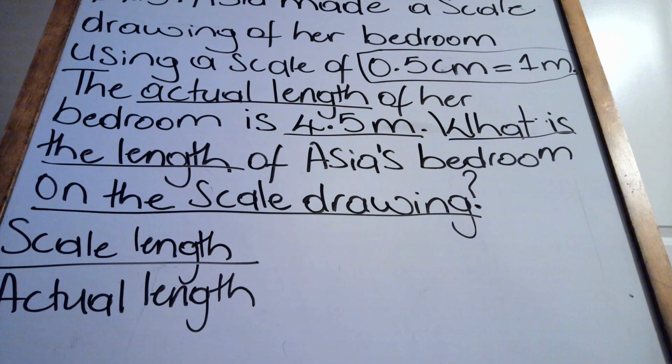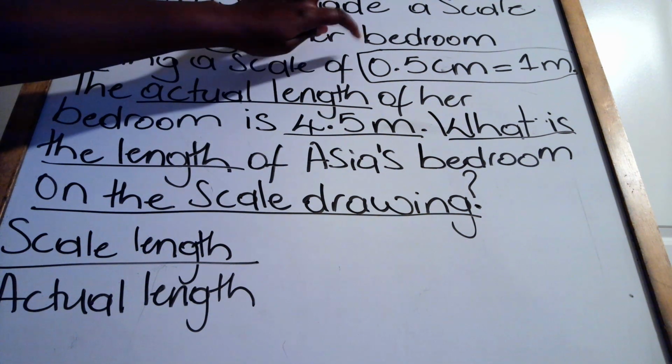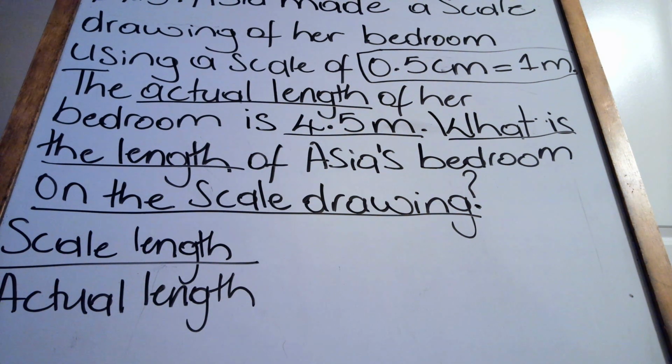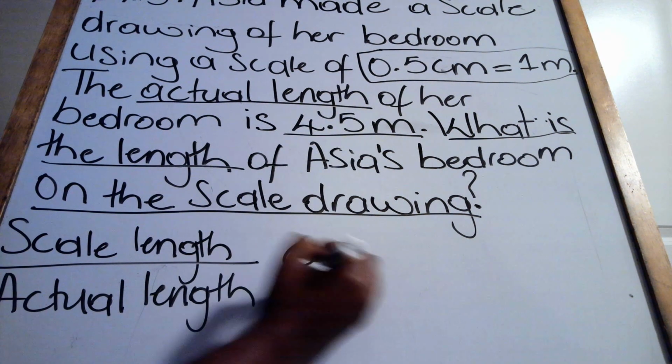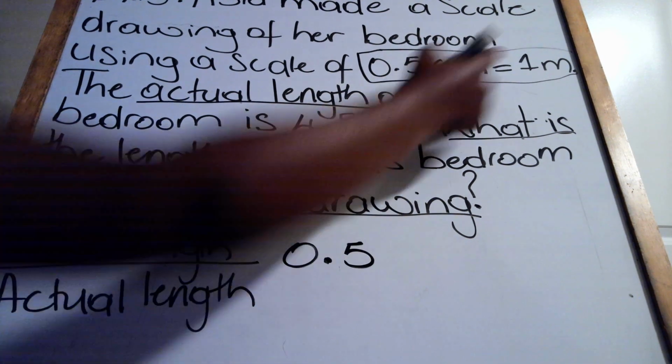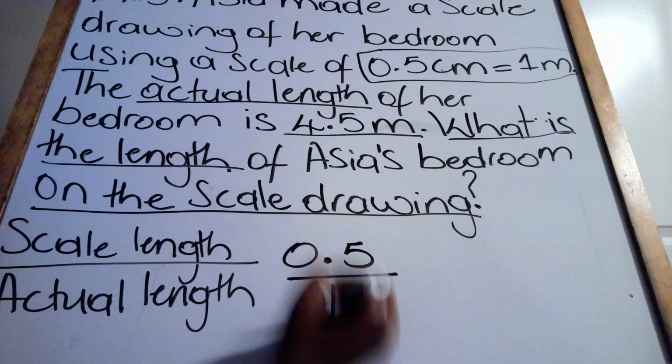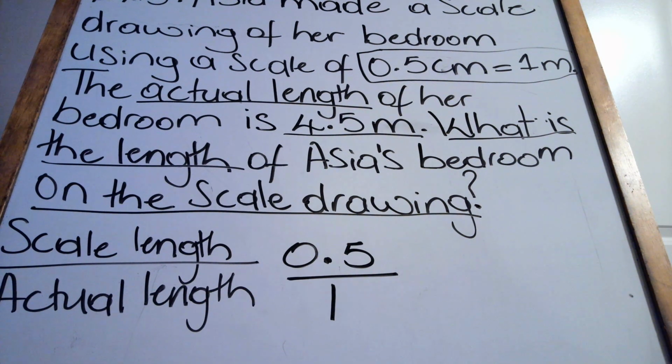Alright. So remember, first step, the scale that is given in the question, we are going to write as a ratio in fraction form. First term goes in the numerator, second term goes in the denominator. Now we're setting it as a proportion.